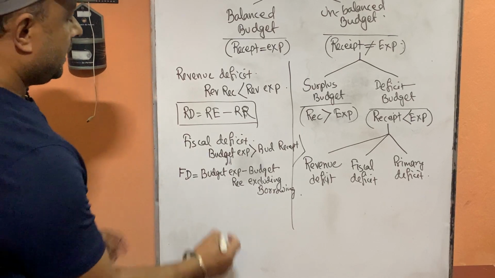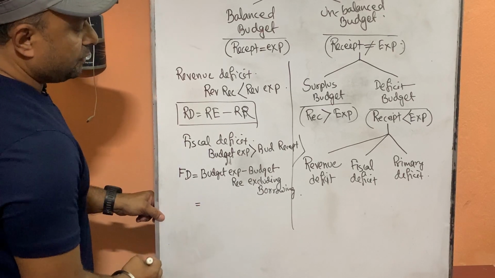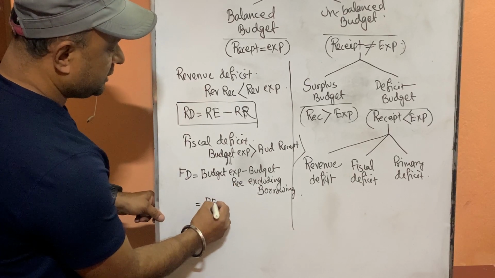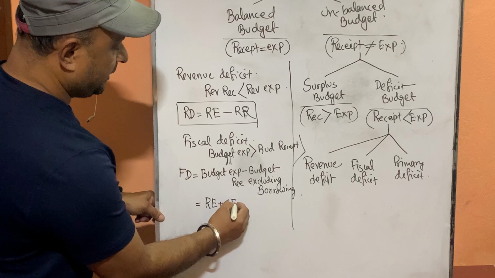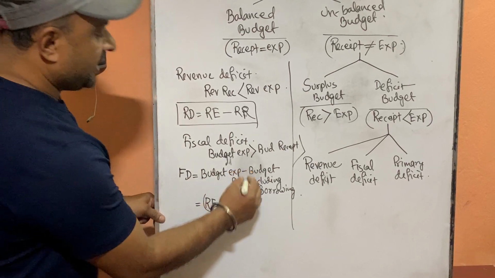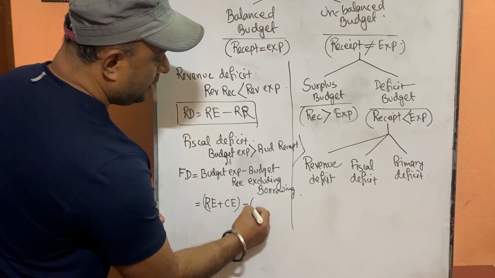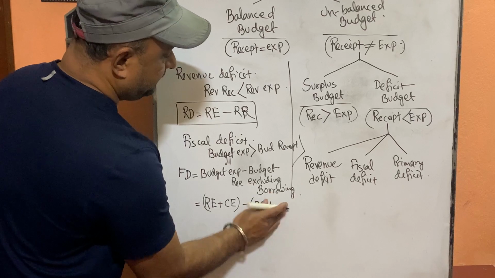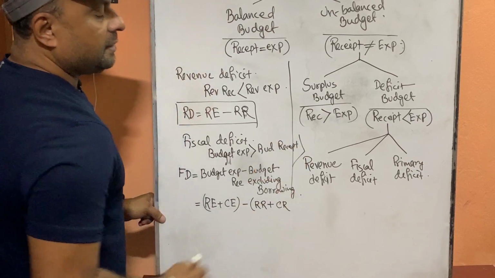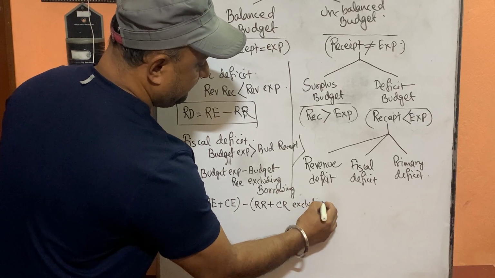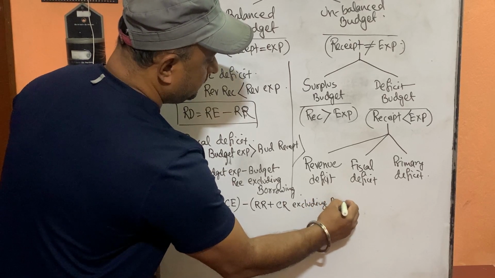I am coming to that later. Now, in budget expenditure, what is there? Two types of budget expenditure: revenue expenditure and capital expenditure. These two together form budget expenditure. Our budget receipts also have two parts: revenue receipt and capital receipt, excluding borrowing.